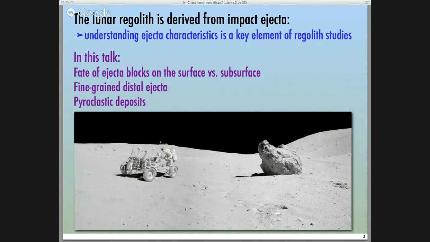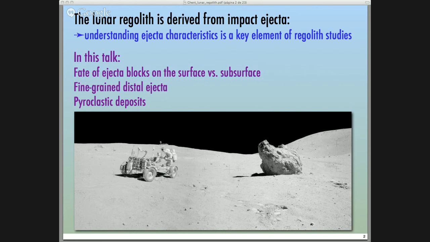So the end result is that over time, you develop this fluffy regolith, and with the Diviner data, we can actually constrain the rate at which that regolith forms. So in this talk, we're going to talk about the fate of ejecta blocks on the surface. So if an impact does penetrate down beneath the regolith and throws out blocks onto the surface, how long do they last before they're pulverized?